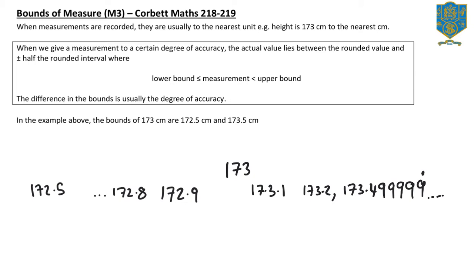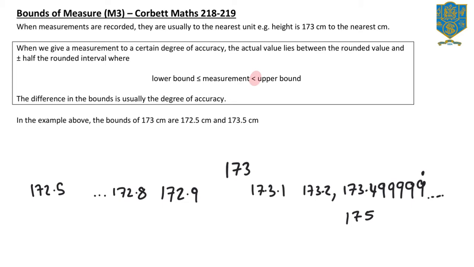So the way that we get around that is to say that 173.5 is the smallest number that won't round down to 173. So if we call 173.5 our upper bound and use the less than symbol, that makes life an awful lot easier.